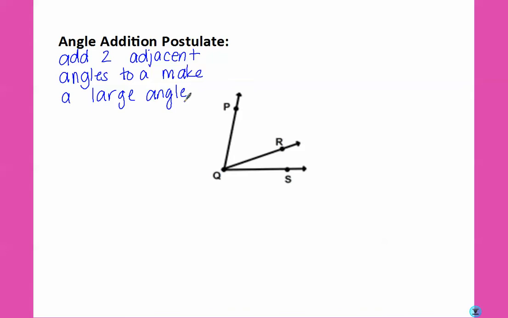For example, with our picture we have here, if we take the measure of angle PQR, so this angle right here, and add it to the measure of angle RQS, that will give us the measure of angle PQS.